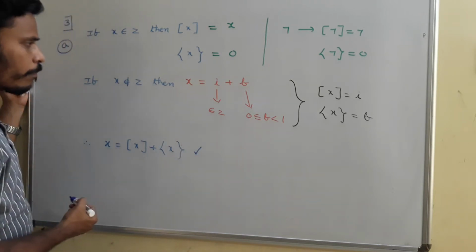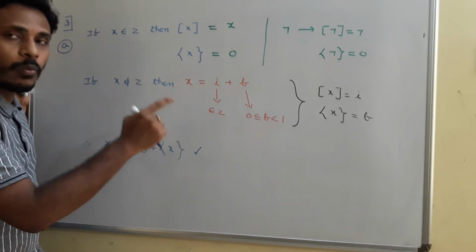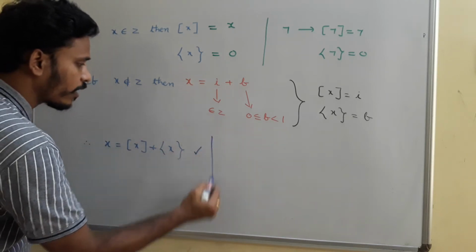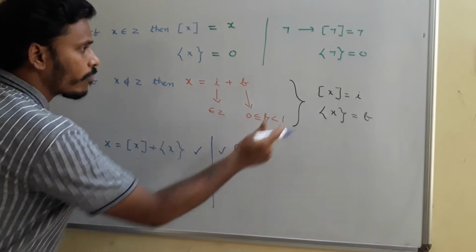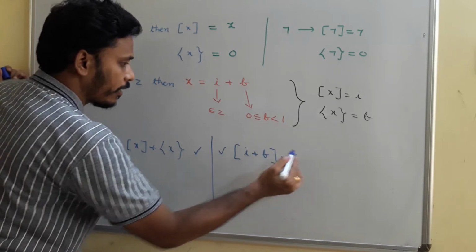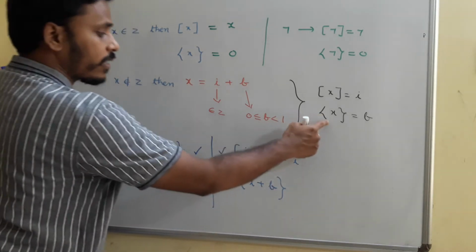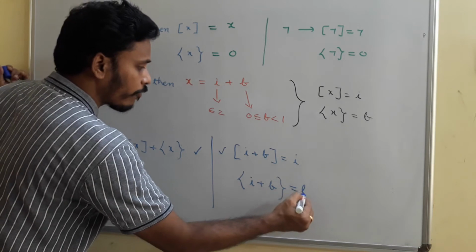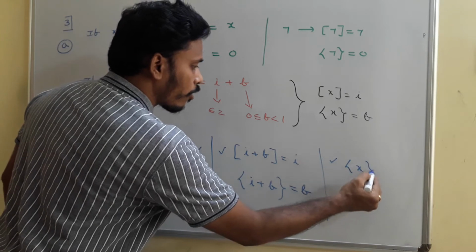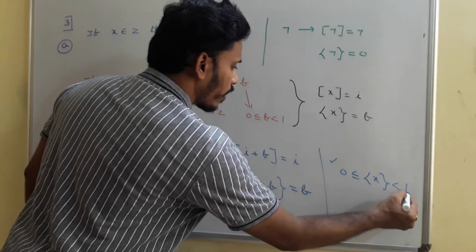And the next thing is that for sure the fractional part of x is in between 0 and 1, and the floor x value is simply I. Further observations from this idea: floor of x, where x is I plus f, is directly I, whereas the fractional part of I plus f is f. And one more thing, it is very clear that 0 is less than or equal to the fractional part of x, which is less than 1.